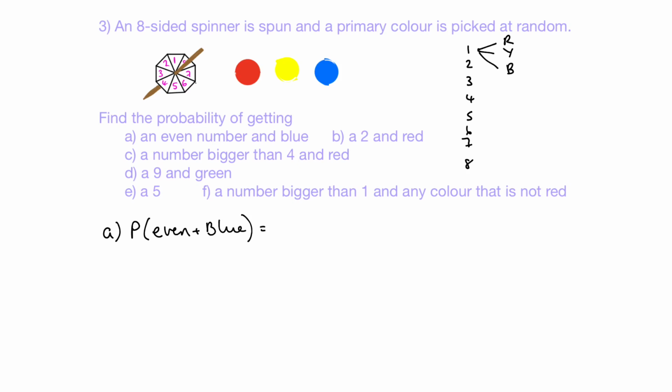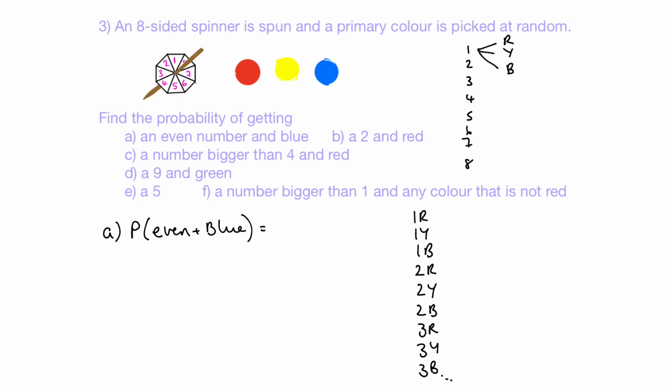And that's the same for every one of those numbers. So we could list all these outcomes. We'd be listing a 1 red, 1 yellow, 1 blue, 2 red, 2 yellow, 2 blue, 3 red, 3 yellow, 3 blue, and so on, right up to 8.